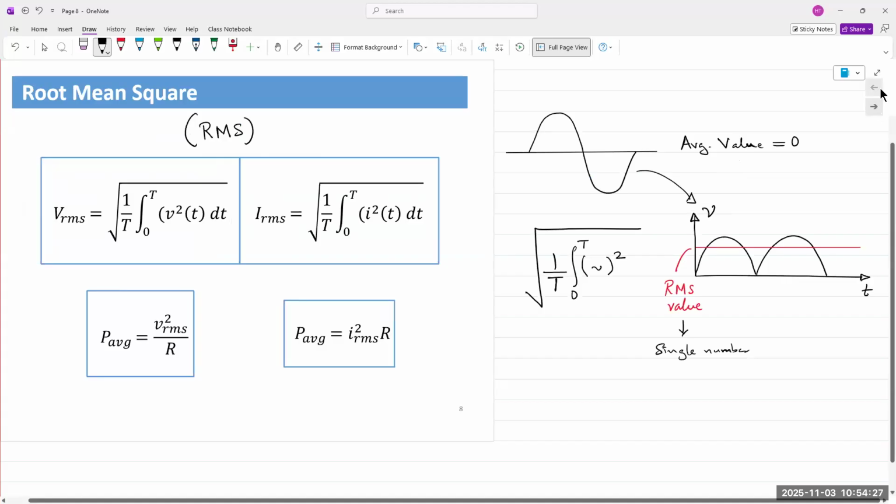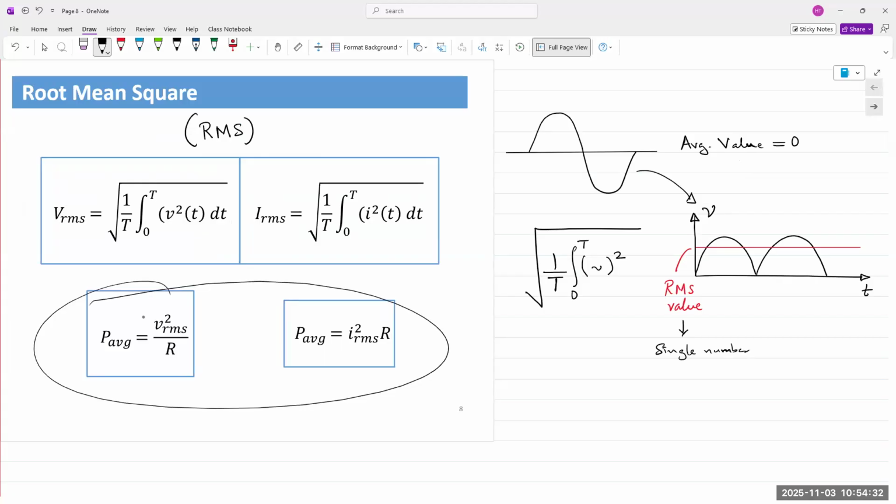All right, one final thing before we go to the last slide is the average value of power. We can still use our equations, meaning power is still the product of the voltage and the current. So the instantaneous power at any given point in time can be determined by V of t times I of t.